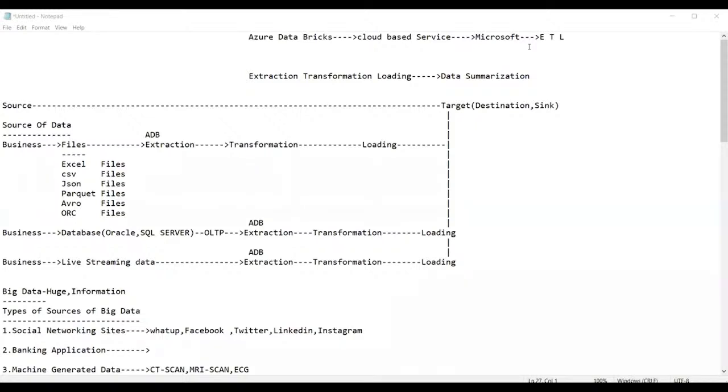So to learn Databricks, do we need any predefined technical background? What are the prerequisites to learn Azure Databricks?